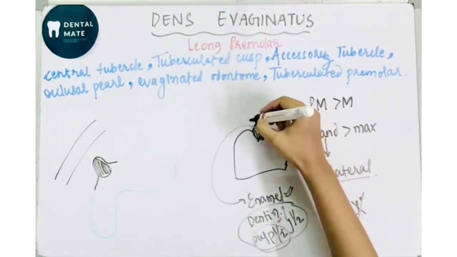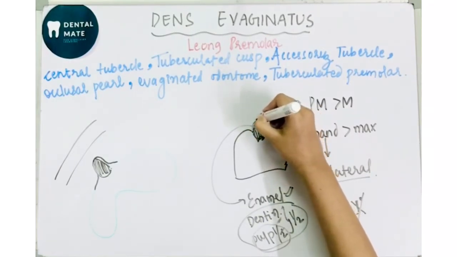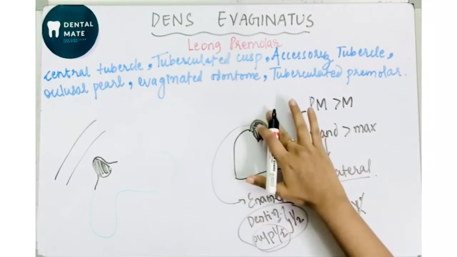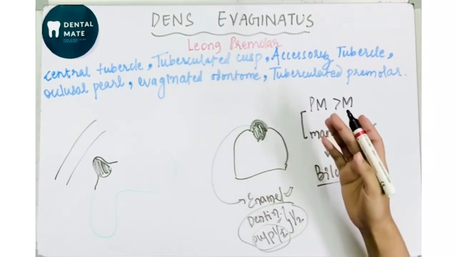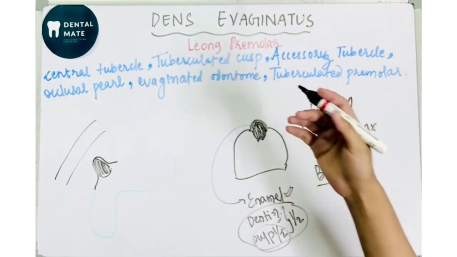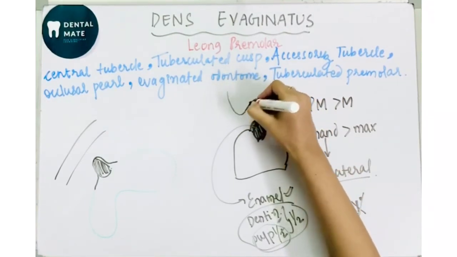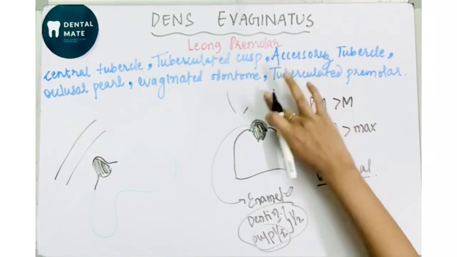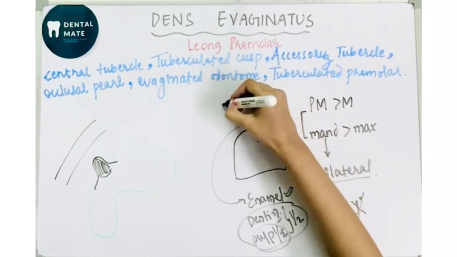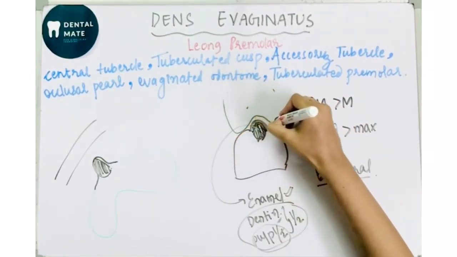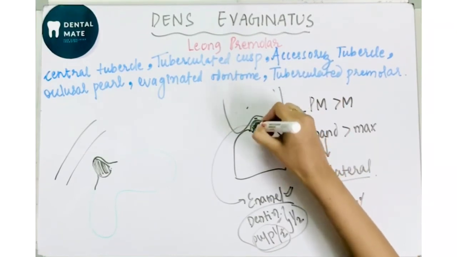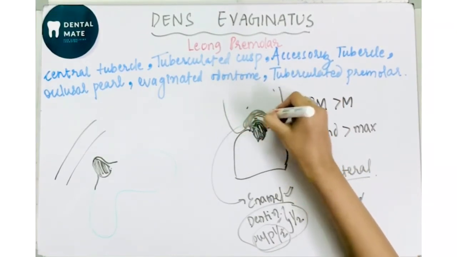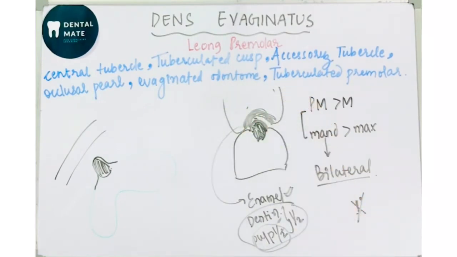Now suppose such an elevation occurs in a mandibular tooth, so what would this do? This would cause occlusal interferences to the opposing maxillary teeth, and in the opposing maxillary teeth what happens is, because of this, a pit, you can say, is developed in the opposing maxillary teeth.